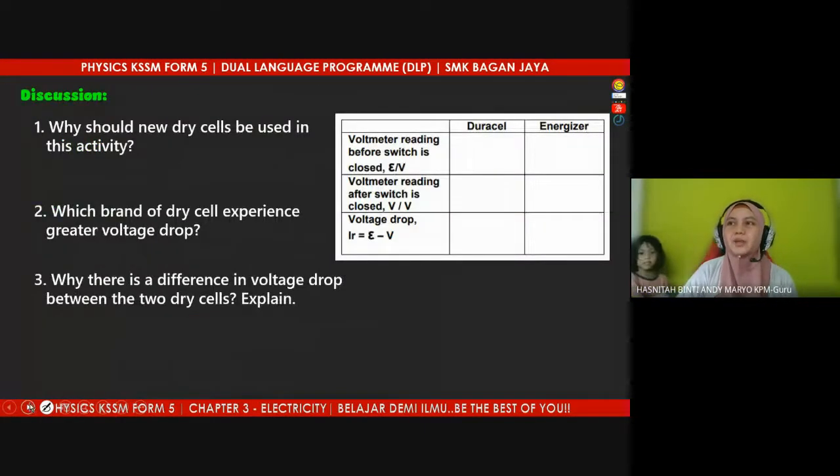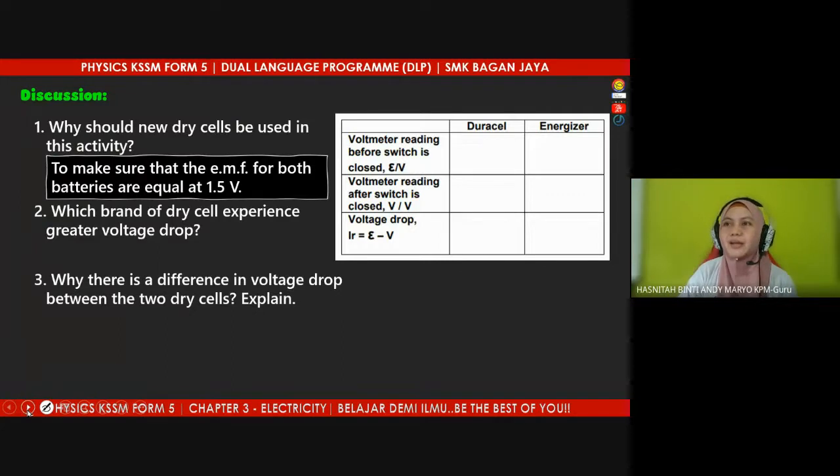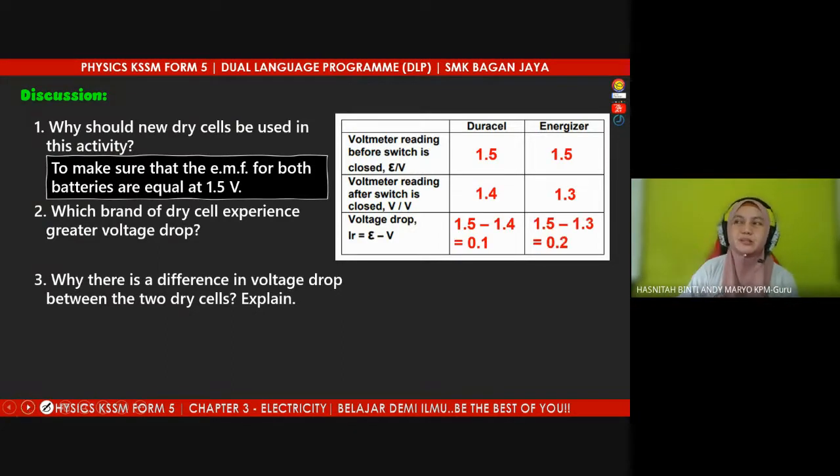So this is an example of the result. This is just an example, the result you will get for this experiment. I show you the reading first. When you are using Duracell, both batteries have 1.5 volt EMF. But the moment we close the switch, you can see that the reading on the voltmeter for Duracell is 1.5 volt, and for Energizer it is 1.3 volt.